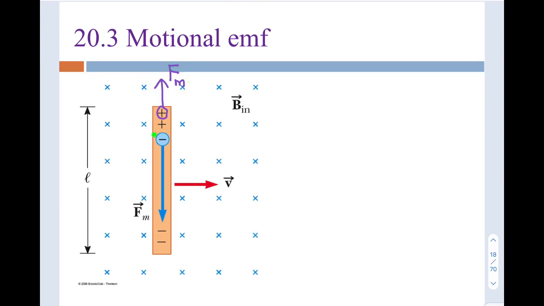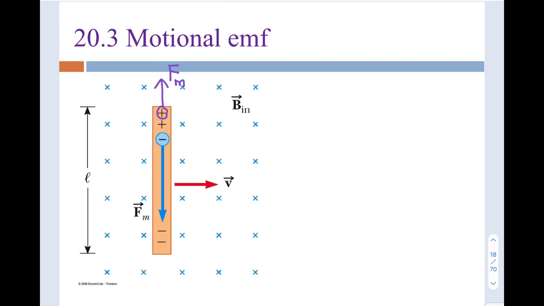Remember, for a negative charge it is going to be the opposite direction. So it is going to be moved to the bottom part of the conductor, where it is going to leave its pair, the positive charge, on the top of the conductor.